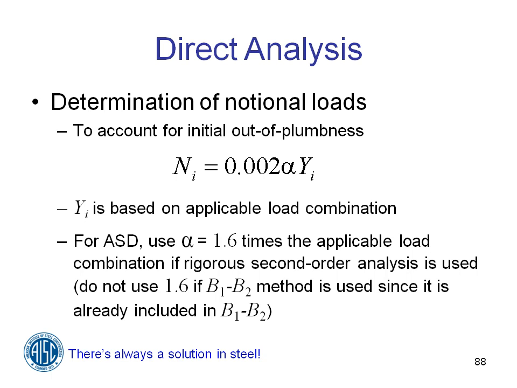AISC doesn't increase alpha to 1.9. I'm not sure. Let's see. Alpha is always 1.6. It's a constant. I'm not sure where Dan's getting that question from, but certainly he can identify that later on, and I'll try to give him an answer for whatever it is he's looking at there.